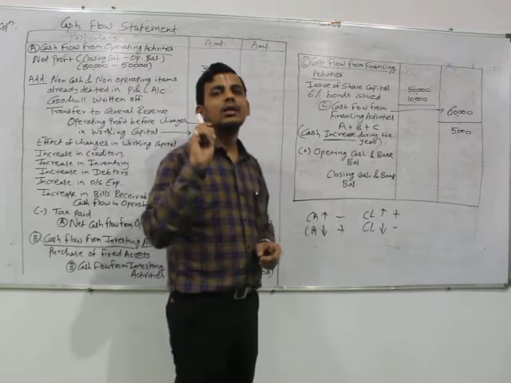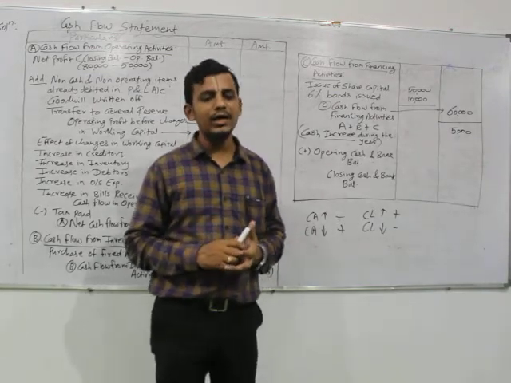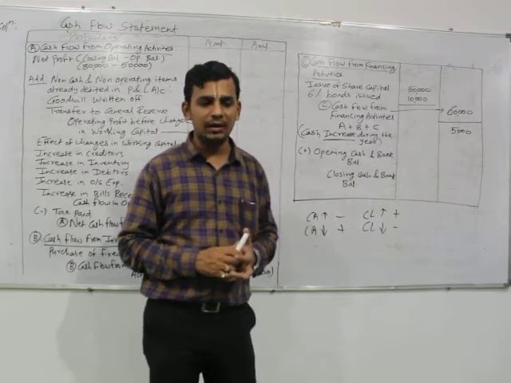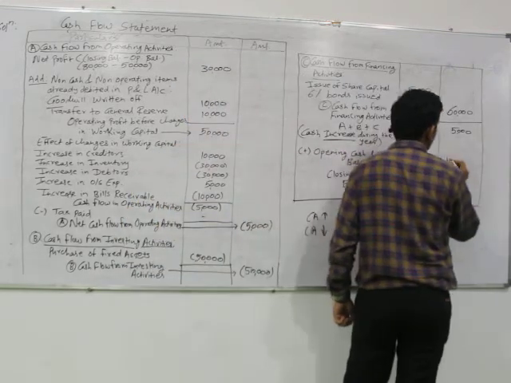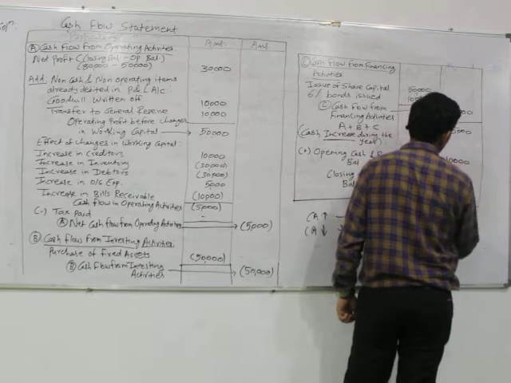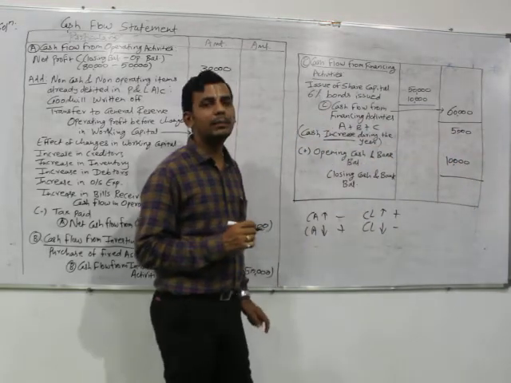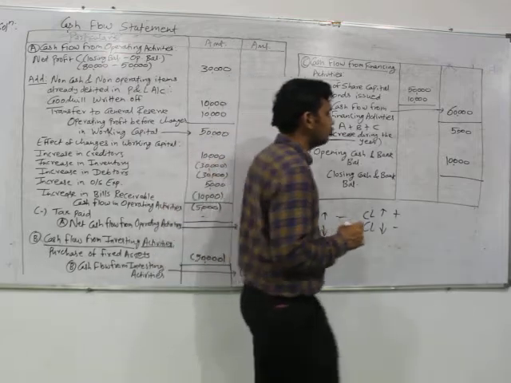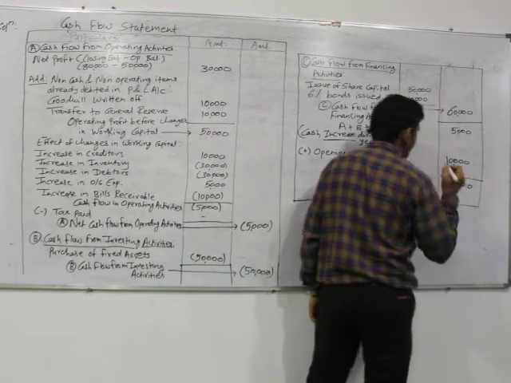Along with that, in the balance sheet's assets segment, we are provided with the opening and closing cash and bank balance. With respect to the opening balance, we have been provided rupees 10,000. So add it up, opening cash and bank balance 10,000. As soon as we add it, we get our closing balance automatically, 15,000.